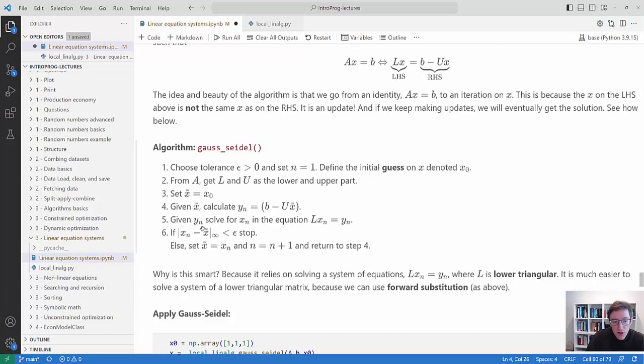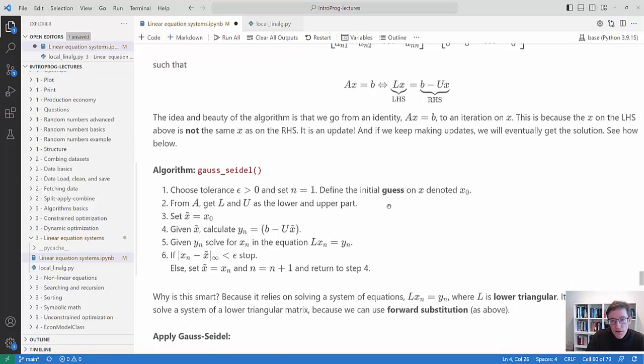And then you solve for y. Then given this y, you solve for x_new in the equation L x_new equal y. And if now our x is very similar to the one we put in, then we say we have found a solution. Otherwise, we continue.